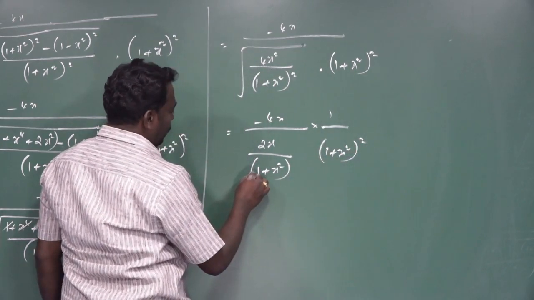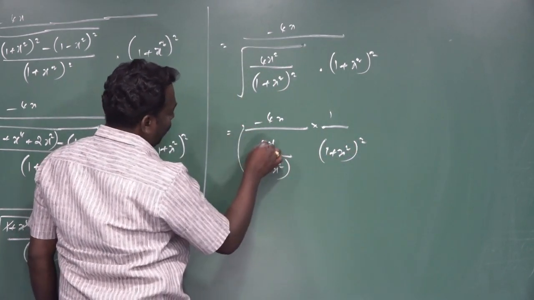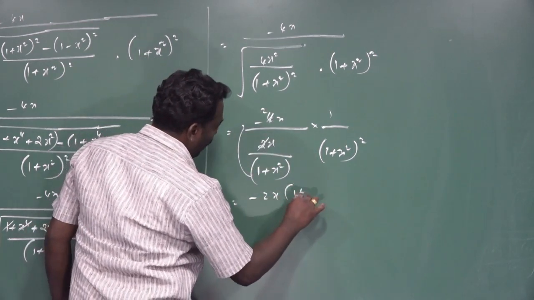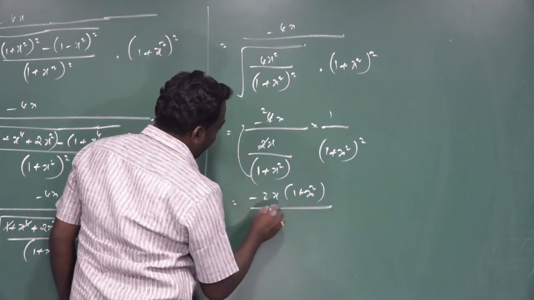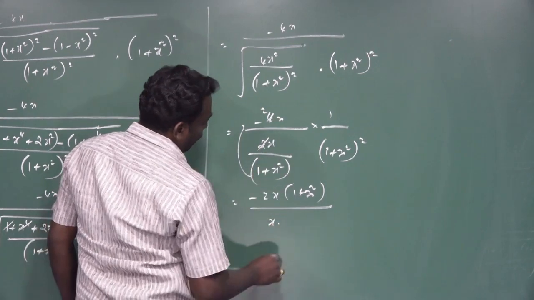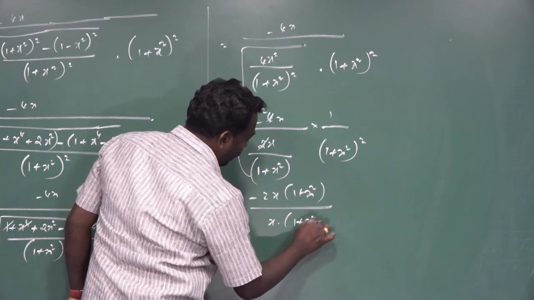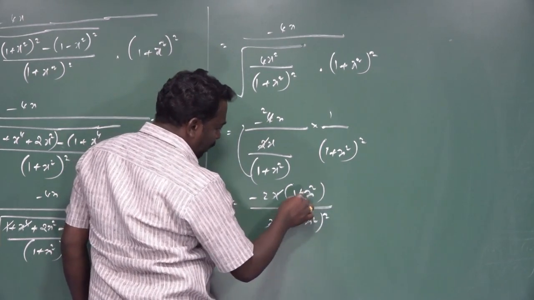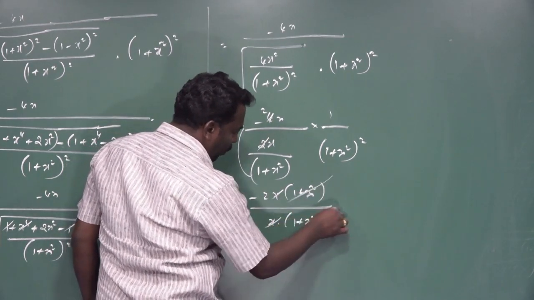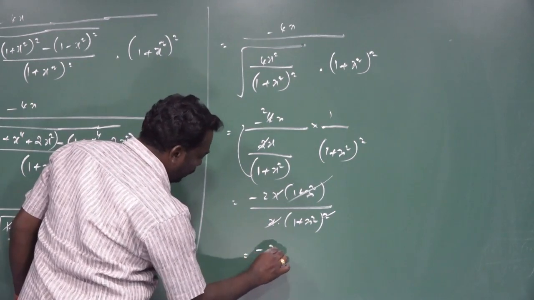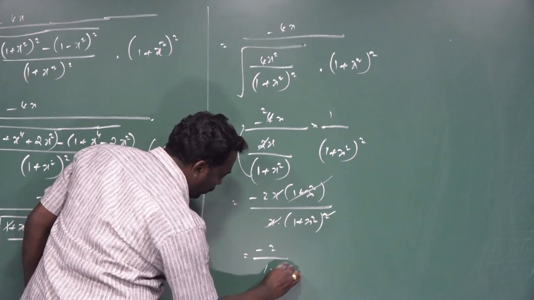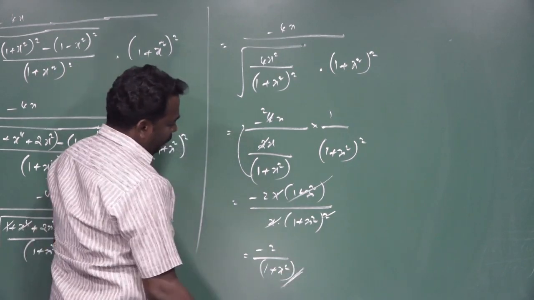And this term goes to the numerator. The 2s are cancelled, it is minus 2x into (1 plus x square) by x into (1 plus x square) whole square. Now the x's are cancelled, and one (1 plus x square) term is cancelled, so that is equal to minus 2 remaining in the numerator, and one more (1 plus x square) remaining in the denominator.